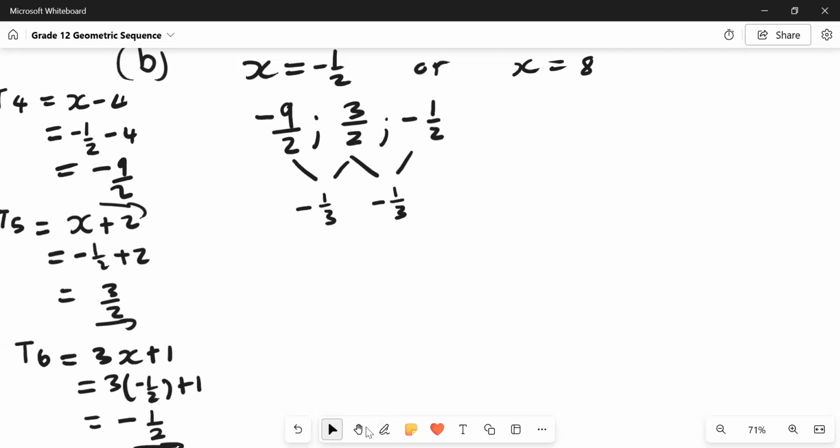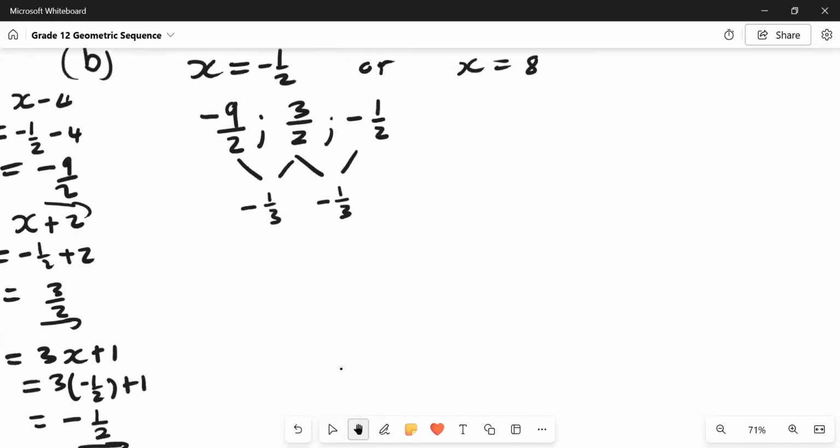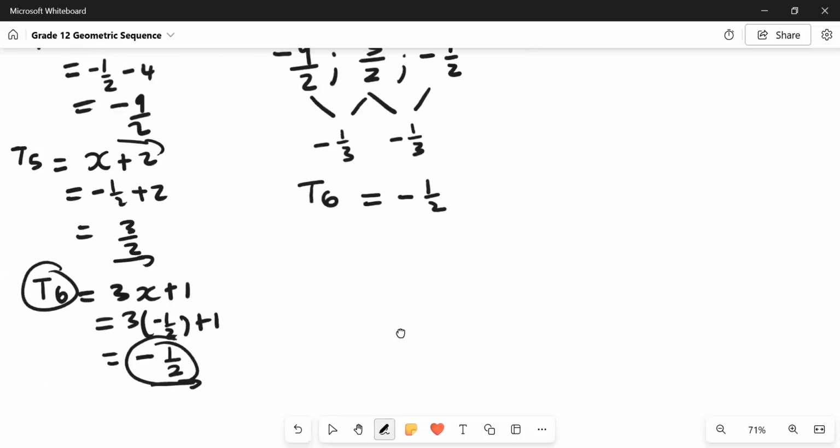And then from here, let's use T number 6. T number 6 is equal to negative half, right? Perfect.